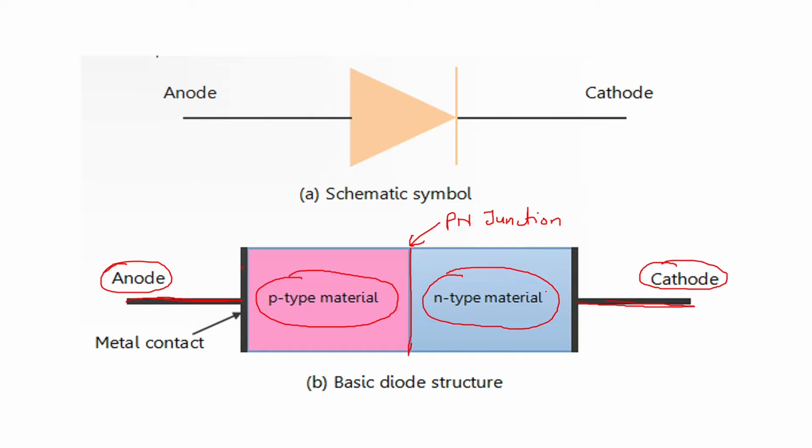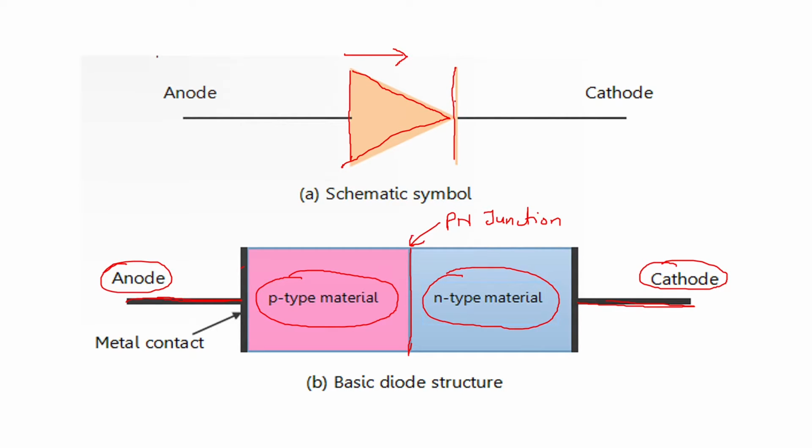Now this PN junction itself is called a semiconductor diode, and there is a symbol for this semiconductor component. The symbol looks like this: you have an arrow line, which shows the direction of flow of positive charge carriers, or the conventional current, and here there is a bar.